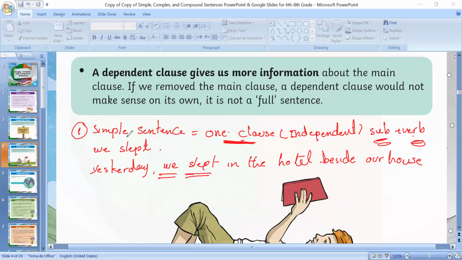So, Layla, what is a simple sentence? It's a sentence that has only one clause. Exactly, one clause. Thank you. Rodina, I have a question. Yes. Is it hotel or hotel? No, hotel.